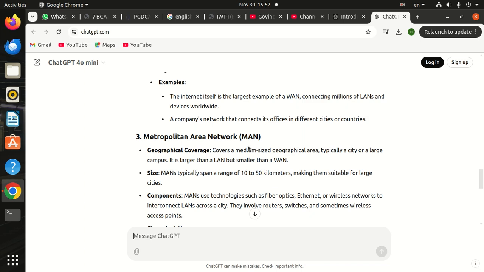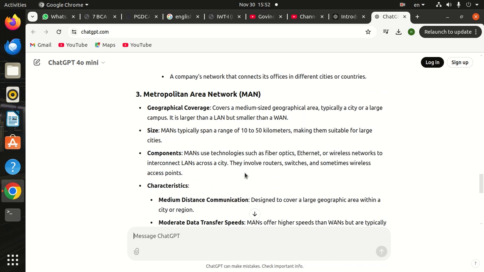Third, metropolitan area network, which covers a medium size geographical area, typically a city or a large campus. Size: a MAN typically spans a range of 10 to 50 kilometers, making it suitable for large cities. Components include fiber optics, Ethernet and wireless networks.